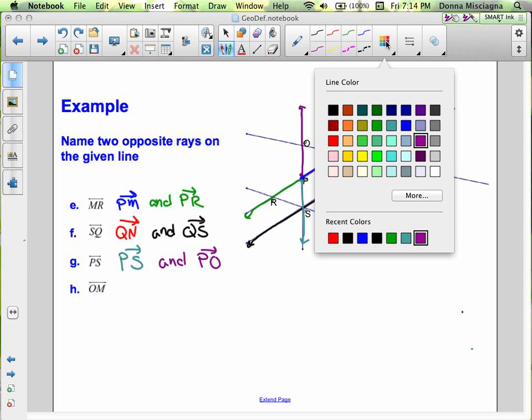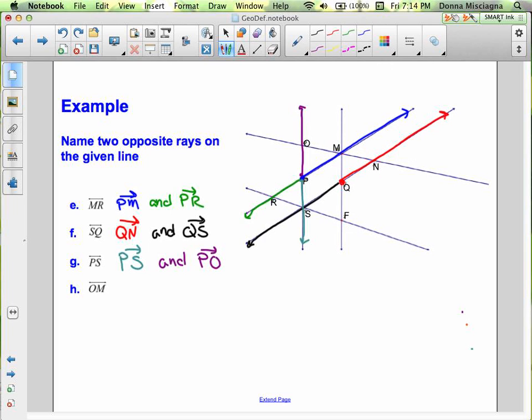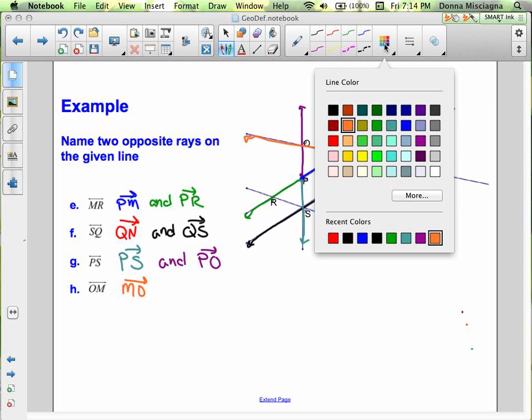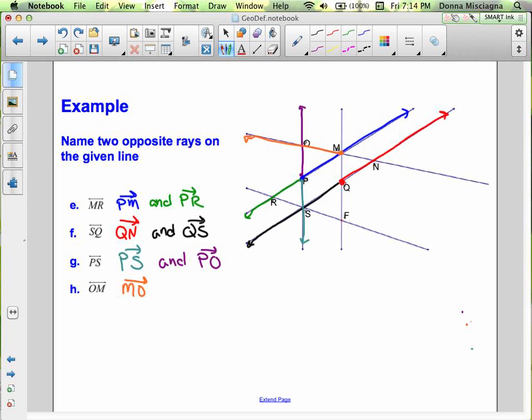And let's do the last two. Orange, I guess. Line OM. I'm going to start at M and go in the direction of O. So colorful, my picture here. So we have ray MO. And then the last ray, how about pink?